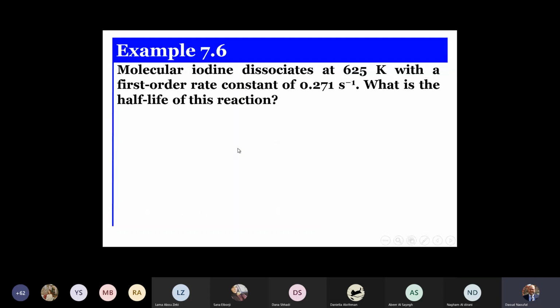Example 7.6: iodine dissociates at 625 with a first order rate constant equal to 0.271. What is the half-life of this reaction?